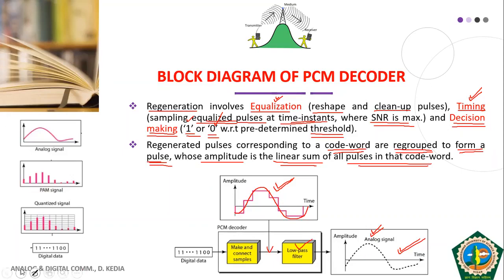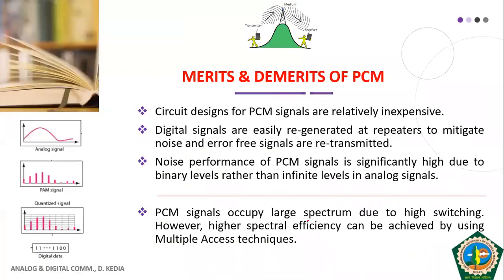Now the last slide. The last slide is the merits and demerits of your PCM system. In case of PCM, my circuit designs are relatively inexpensive. That is one advantage.